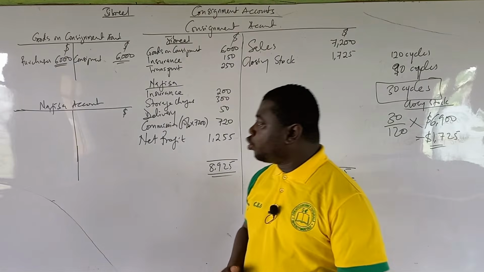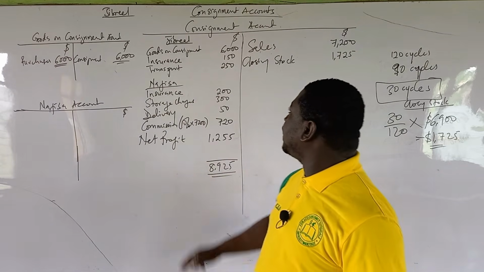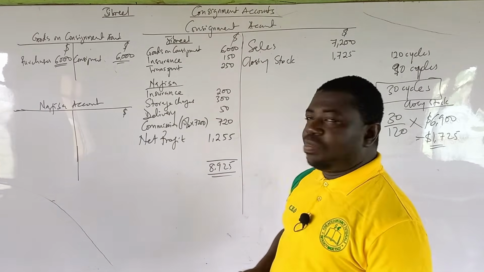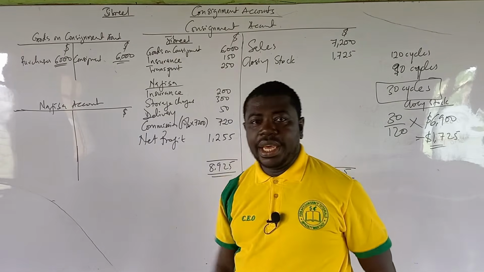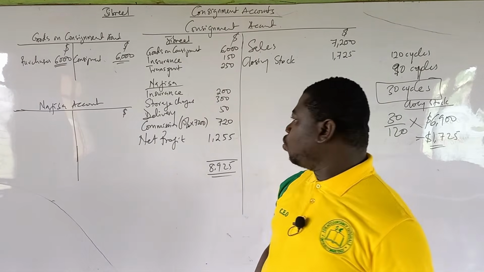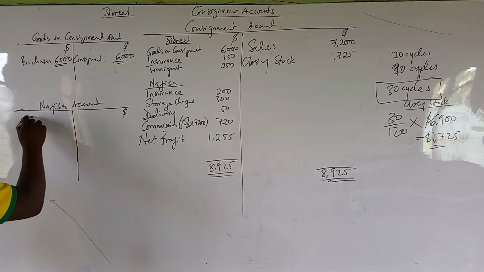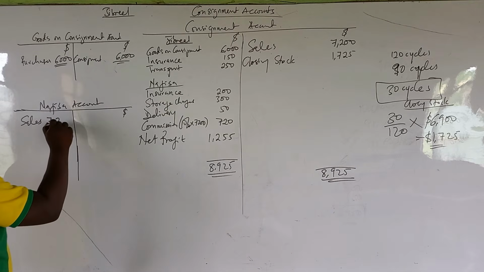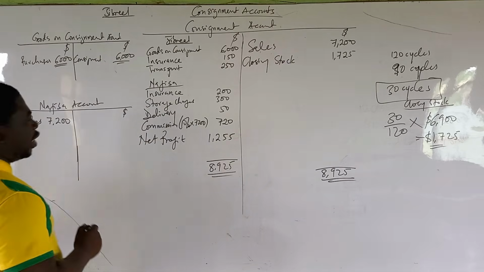Now, you remember what I told you from the previous video, that the Nafisa account is basically the sales and the expenses of Nafisa. Now, please take note that closing stock, even though it's here, will not appear in the consignee account. And so what we do is that sales will be on the debit side. Sales. This is in the books of Jibril, the consignor. The value of sales is 7,200. And then we list the expenses of Nafisa on the credit side.